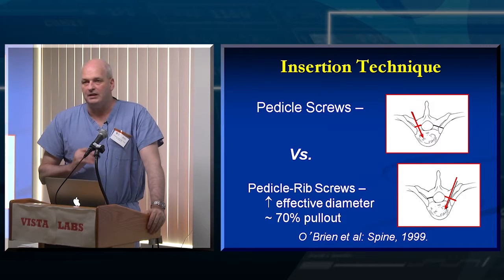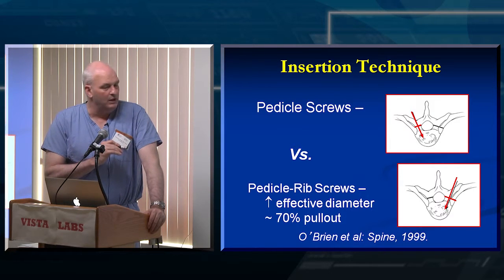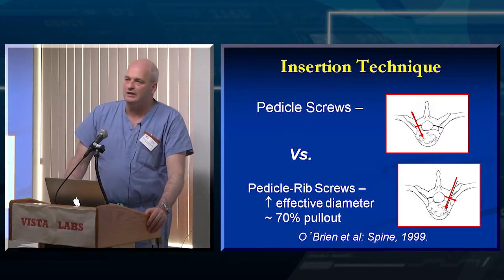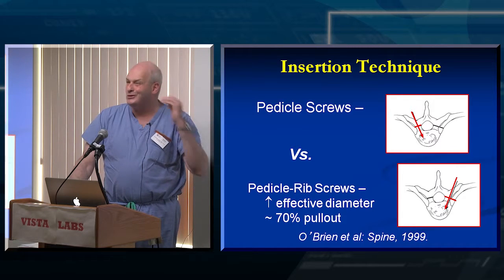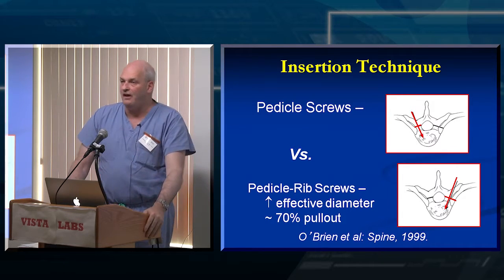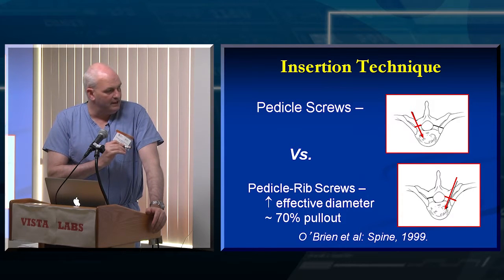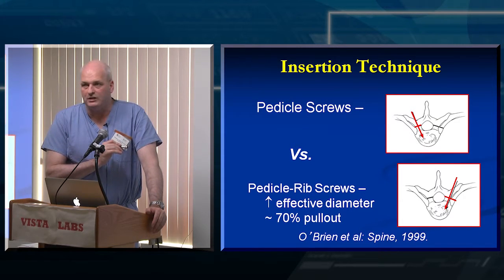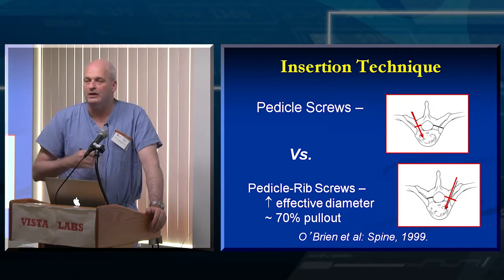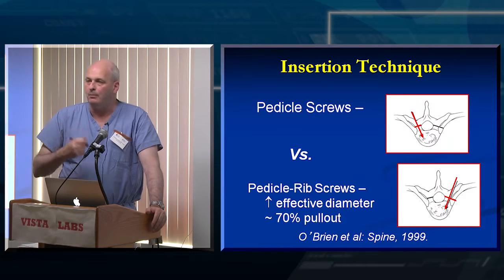The advantage a lot of times of using a rib pedicle screw, though, is you can put a bigger screw in. So, for example, in the thoracic spine, I almost never put in less than a 5.5 screw. And the reason why is I use this type of technique, and even though it isn't quite as strong as completely containing it within the pedicle, if you increase it by 1 millimeter in size, the pullout is equivalent.